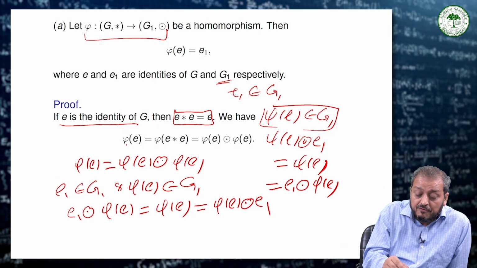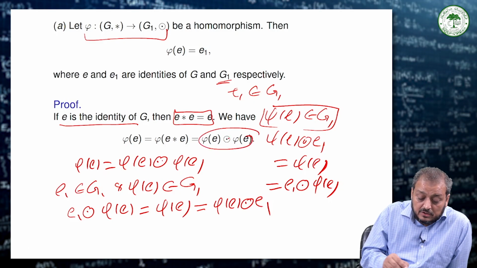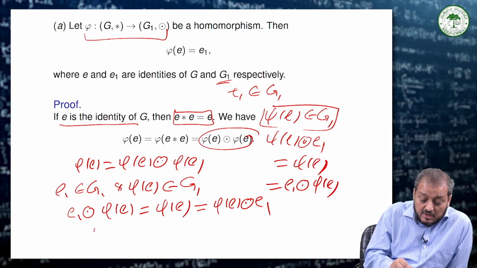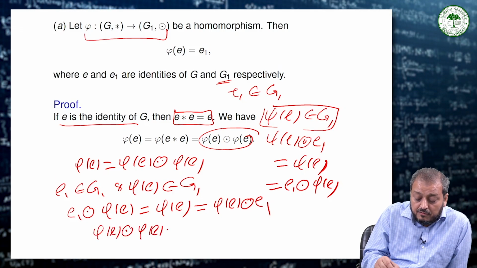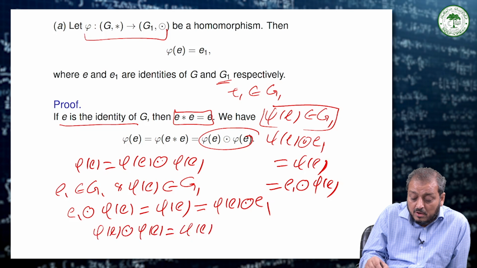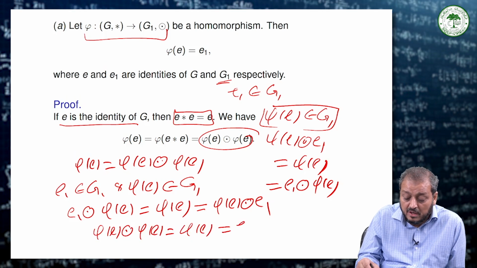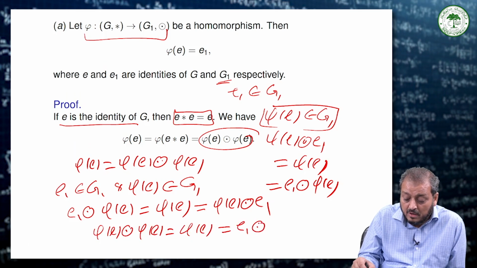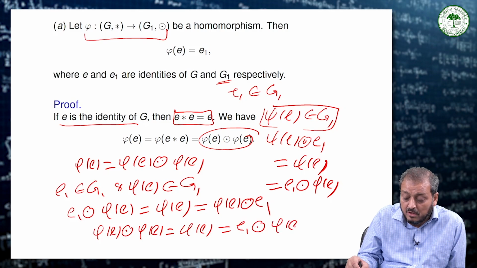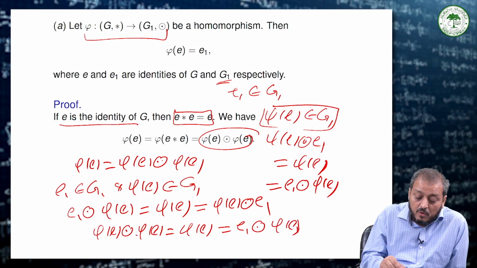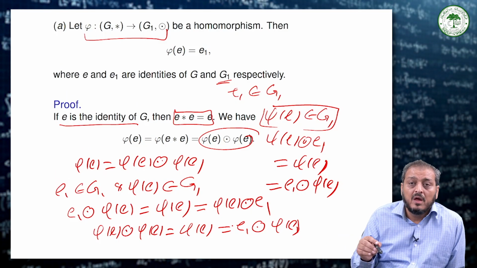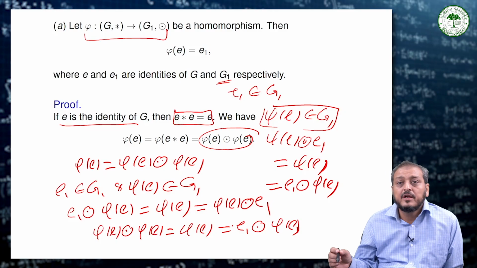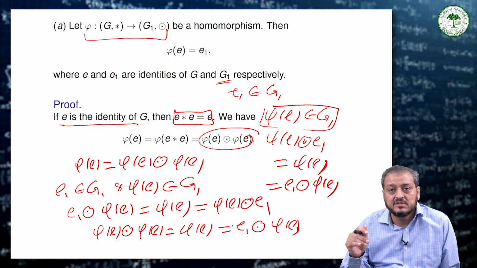And now phi of E is the same as this thing, so we can write phi of E composition phi of E is equal to E1 composition phi of E. Because G1 is a group under this binary operation, both the left and right cancellation laws hold.